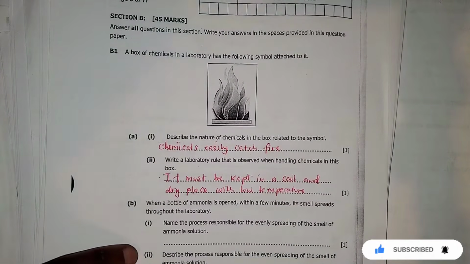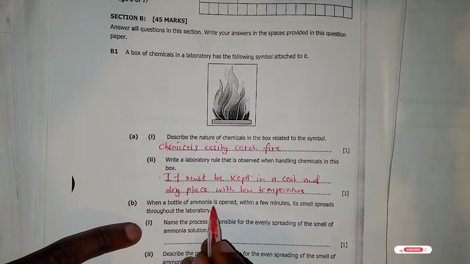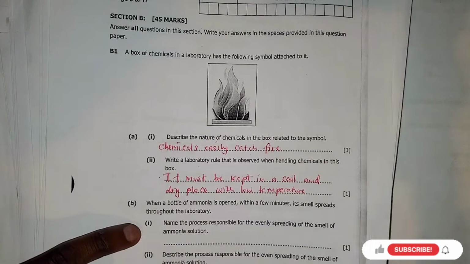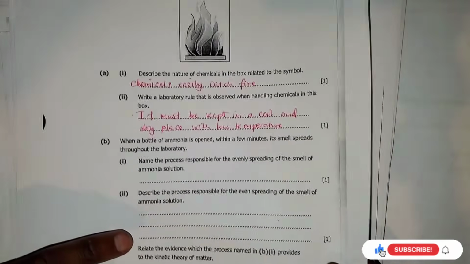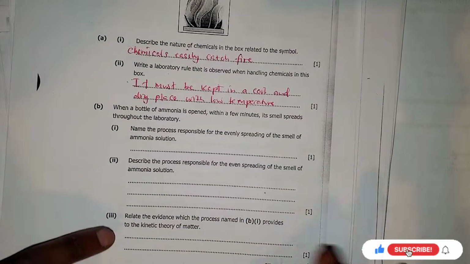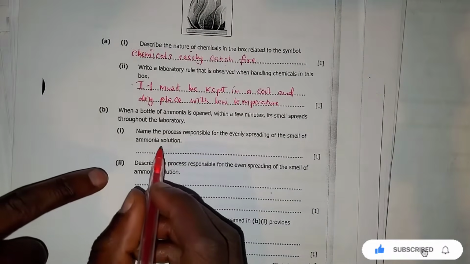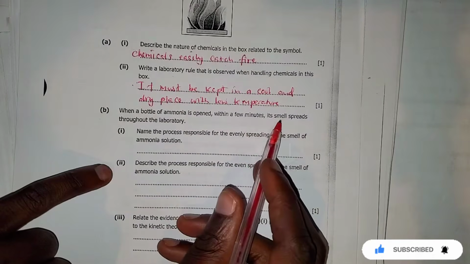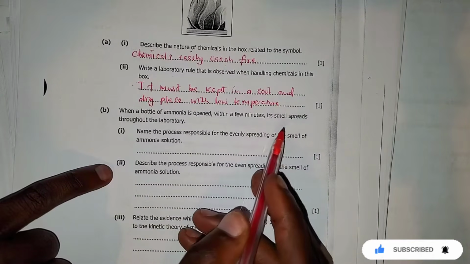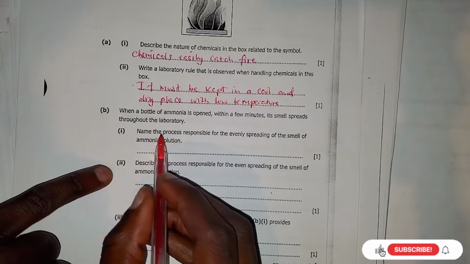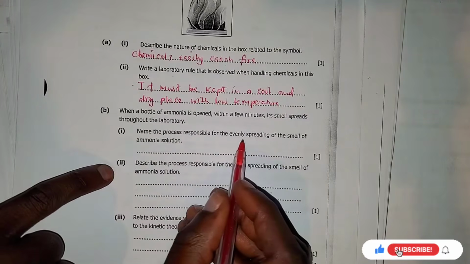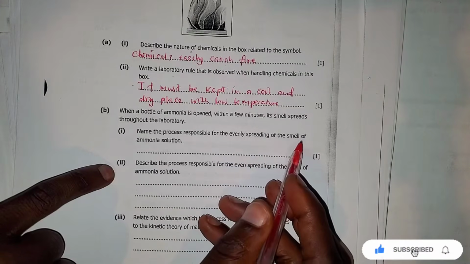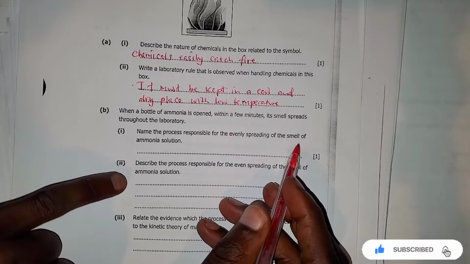All right, let's proceed. When a bottle of ammonia is opened, within a few minutes, its smell spreads throughout the laboratory. Name the process responsible for the evenly spreading of the smell of ammonia solution.